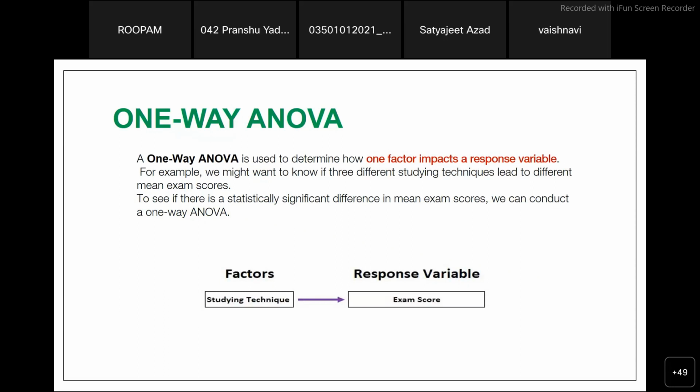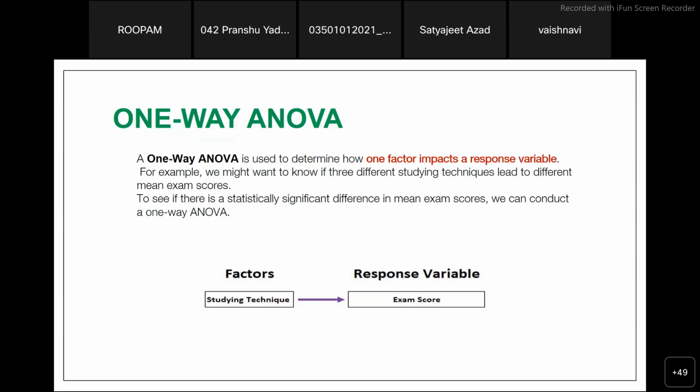Okay, so if you see this figure, the factor is studying technique and the response variable is your exam score. So if you are doing online study, or offline group study, or something like that, then I'll check the exam score and see if there is some kind of correlation or not.